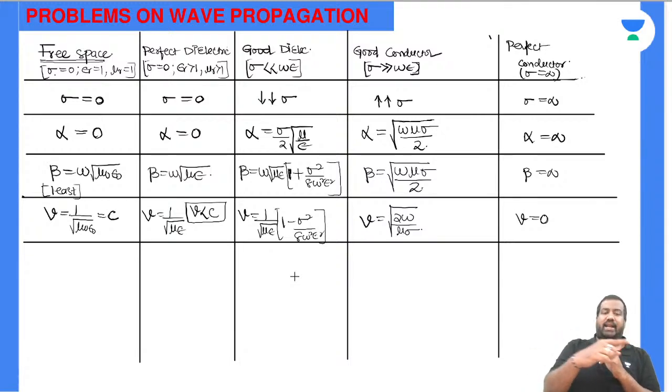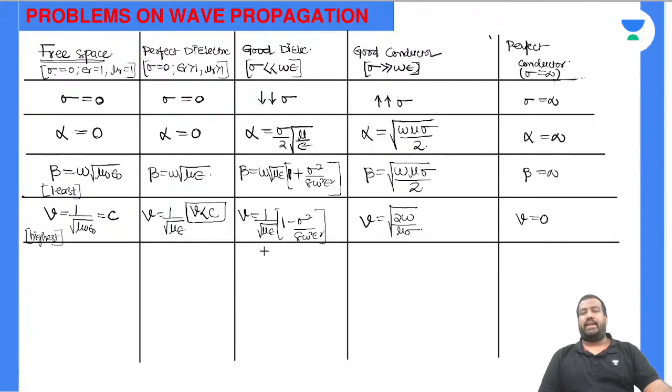As the conductivity is increasing, velocity is decreasing. Is that clear? So here velocity is highest, which is equal to c, and as you move on, it decreases.